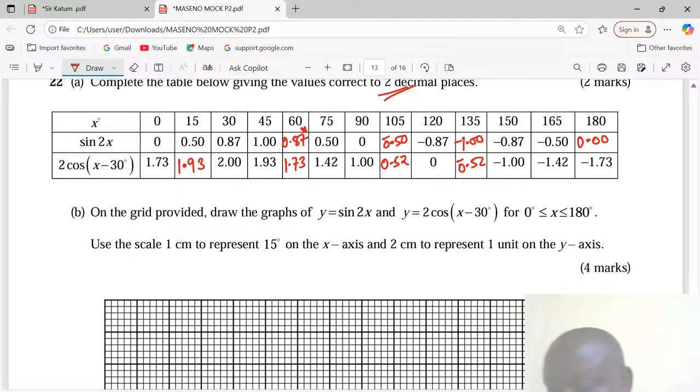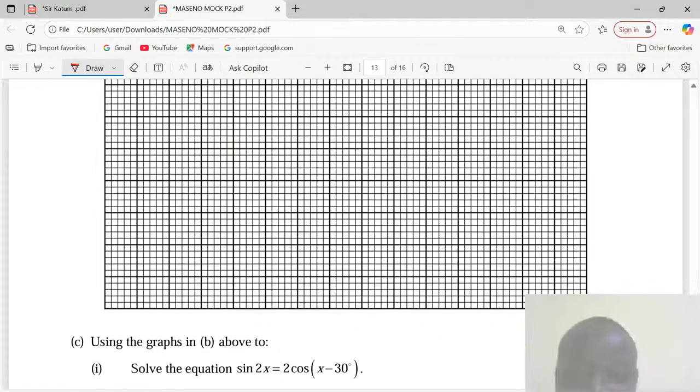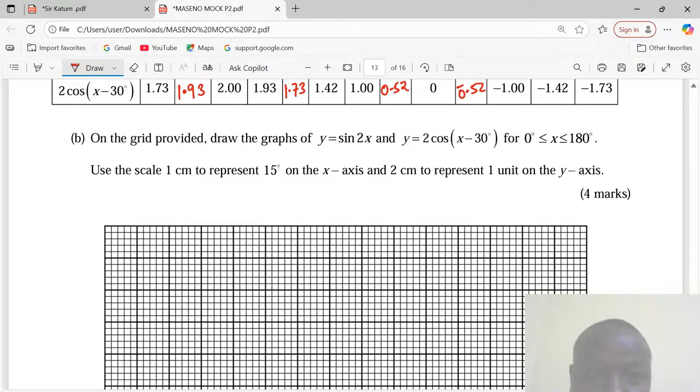Yeah, that's it. Imagine we have filled the table. Thank you for following. We are through with the table. And after that, 2 marks are already pocketed. So we proceed to use now the table in coming up with something here in part B.